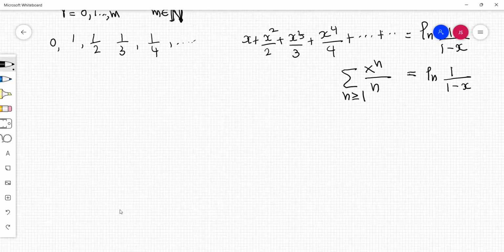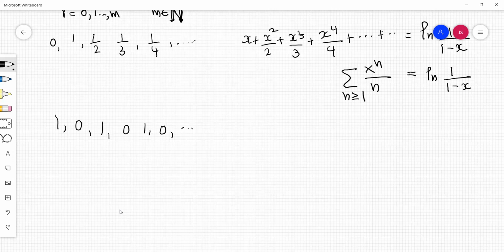Another one: 1, 0, 1, 0, 1, 0 and so on. So what is this again? You must know how to create that kind of function. If you are given this kind of basic sequence, you must guess the corresponding function.